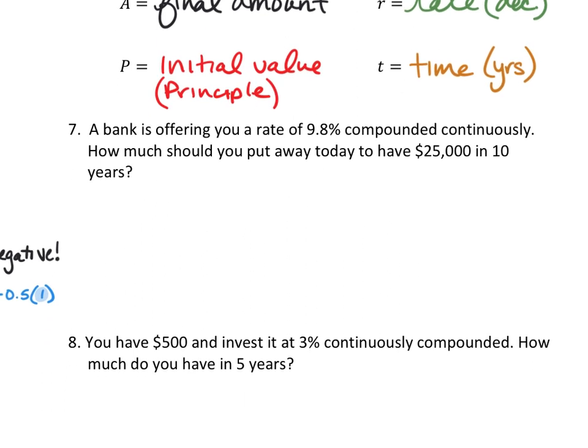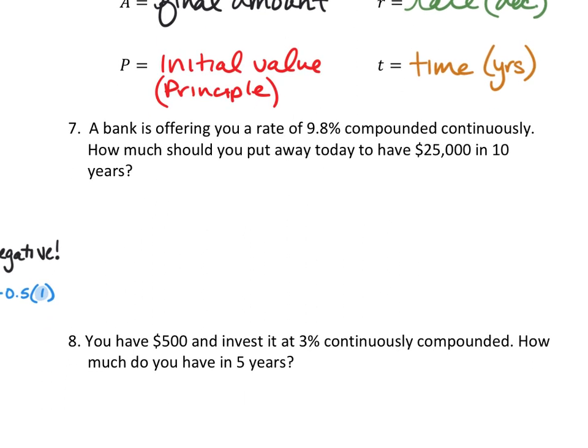Question number 7 says, a bank is offering you a rate of 9.8% compounded continuously. How much should you put away today to have $25,000 in the bank in 10 years?